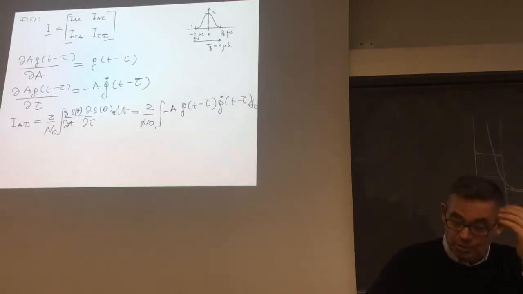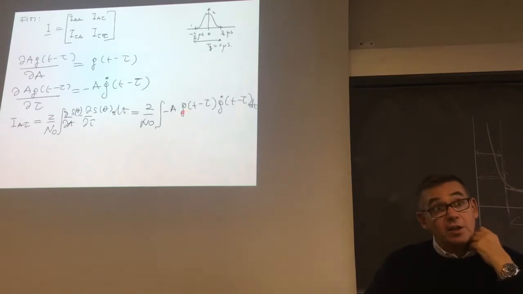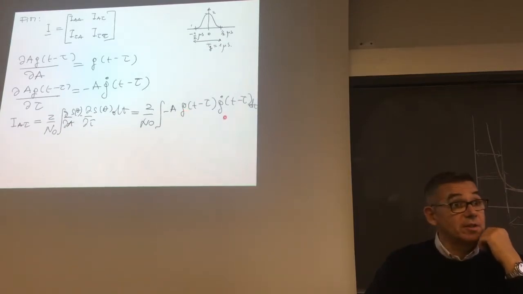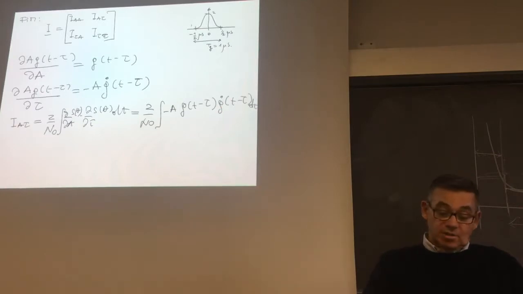Now, if g is odd, g prime is even. If g is even, g prime is odd. So at the end of the story, this is equal to 0.